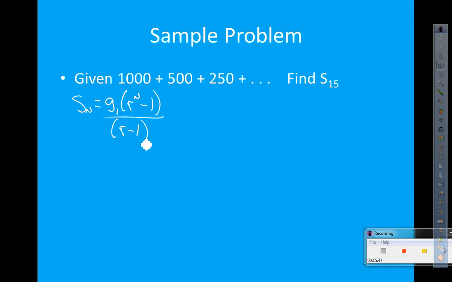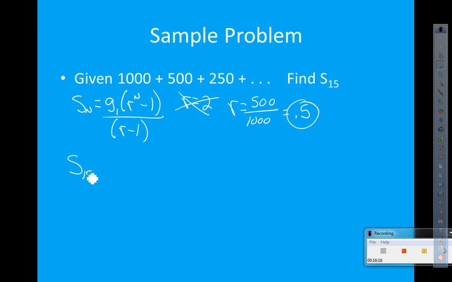Some of your classmates thought r was 2, but it's not. If r was 2, then I'd have 1,000, 2,000, 4,000. So let's get the correct value for r. R is going to be 500 over 1,000, which is 0.5. That's my r value. So now my formula looks like this.